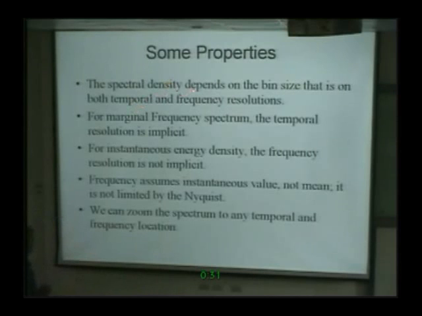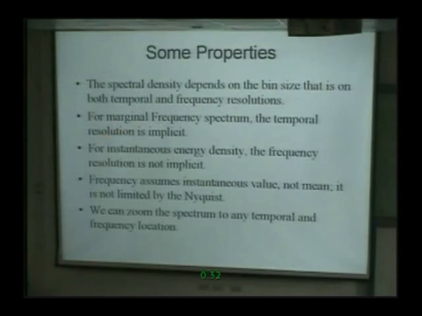So the spectrum density depends upon the bin size. That's reasonable, right? Because if I have a very coarse bin size, then each bin will have many, many points, so I have more points of the total energy. But it is divided by density, so this bin size depends on both temporal and frequency resolution.